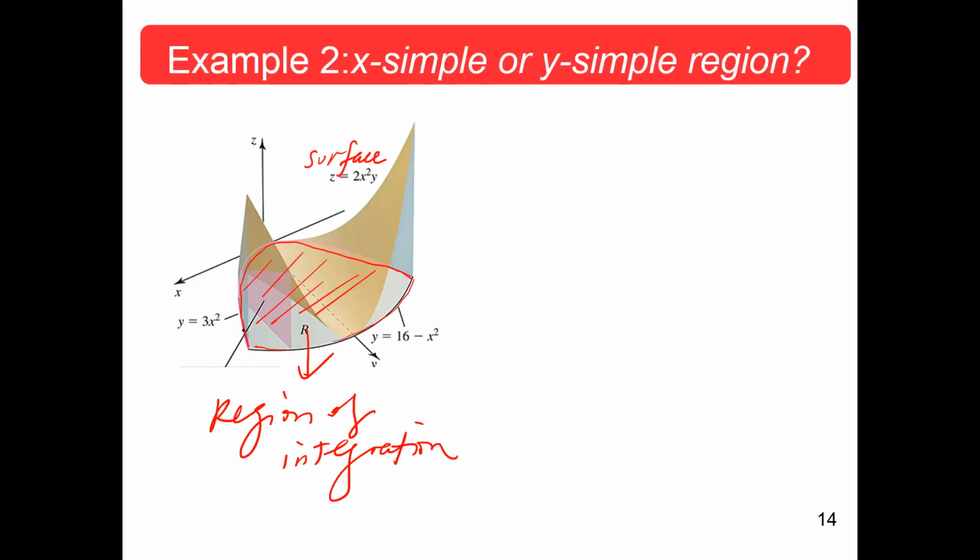So we can see that this region has something in the bottom and something in the top, right? It's between y equals 3x squared and y equals 16 minus x squared. If you sketch it, you first of all would have one parabola for y equals 3x squared, which goes up.